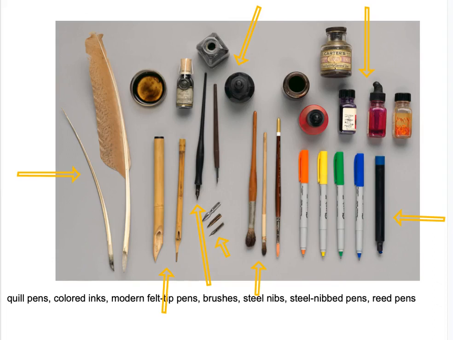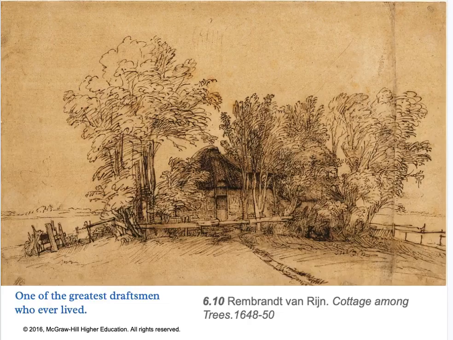So here is an example of artwork done in ink. This is Rembrandt van Rijn, which you probably know as just Rembrandt, one of the most famous, and in this case it says greatest draftsman who ever lived.